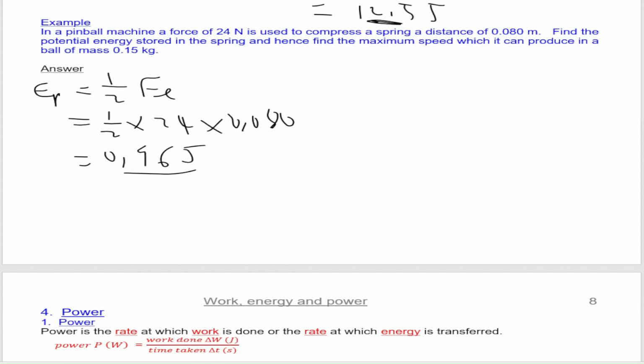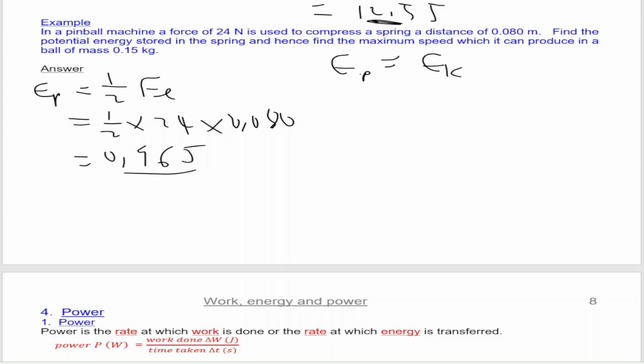Then the question further goes on to say the maximum speed which it can produce in a ball of mass 0.15 kgs. So we're saying that this EP should equal the EP lost as it is now stretching back. Because remember, this has been compressed. As it stretches outwards, it's going to cause an increase in the kinetic energy.